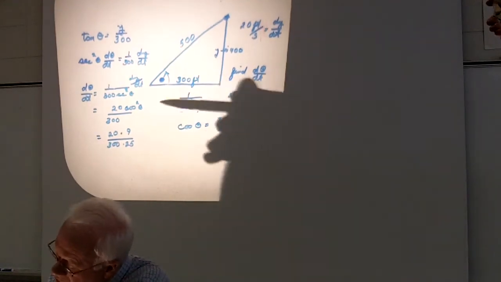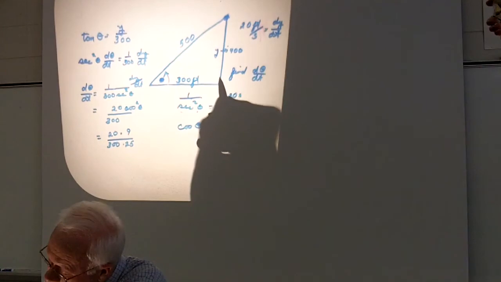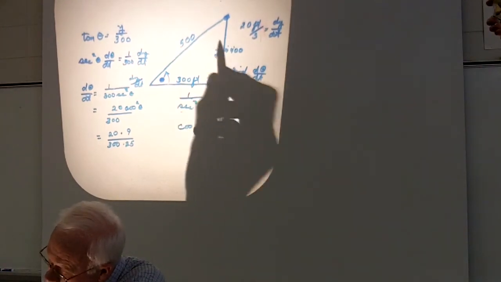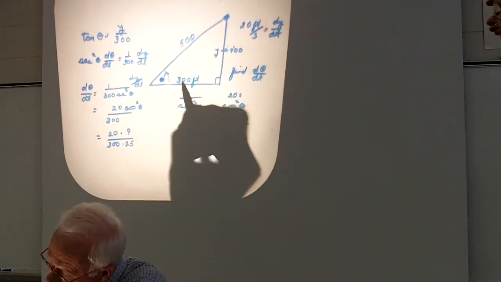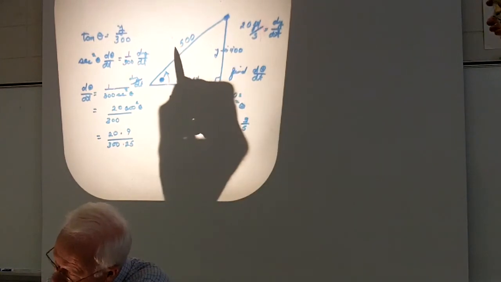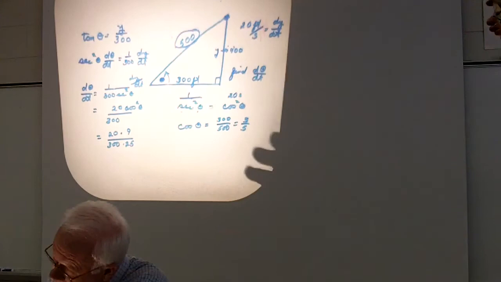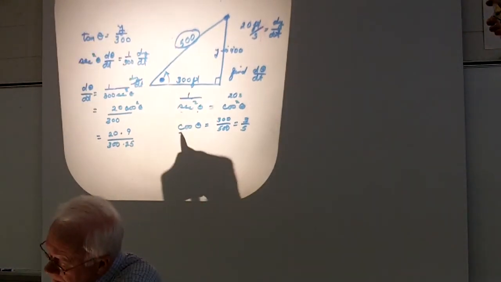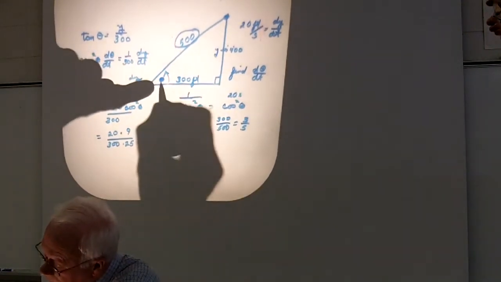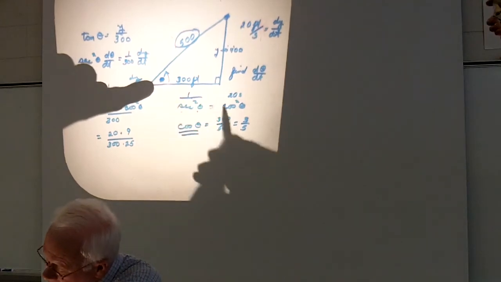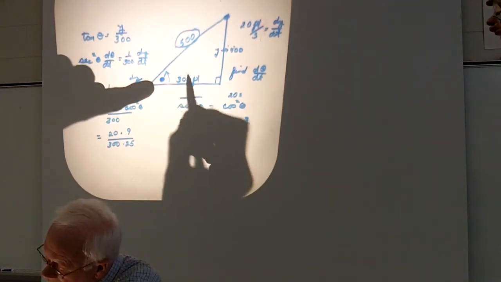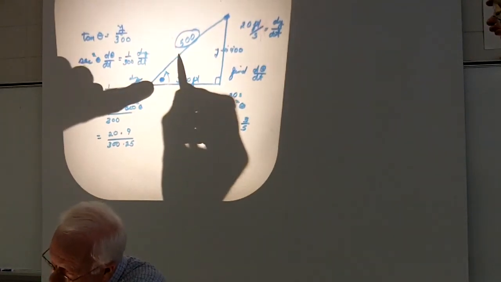I know that I have a triangle, right triangle over here, and it happens to be a 3, 4, 5 right triangle. This side squared plus this side squared is equal to this side squared. So that's how I got this. Okay? And then, can I figure out what the cosine of theta is? This is theta, and the cosine is equal to the adjacent over the hypotenuse, SOHCAHTOA.